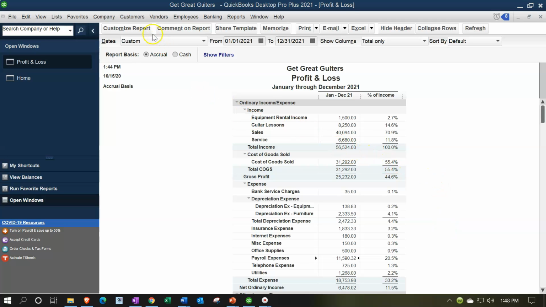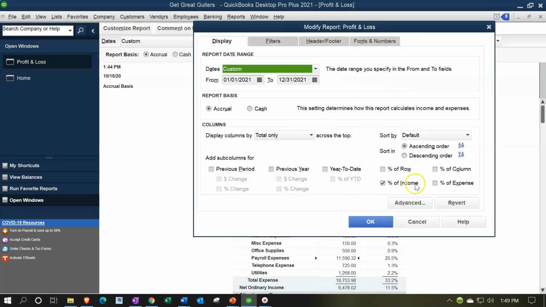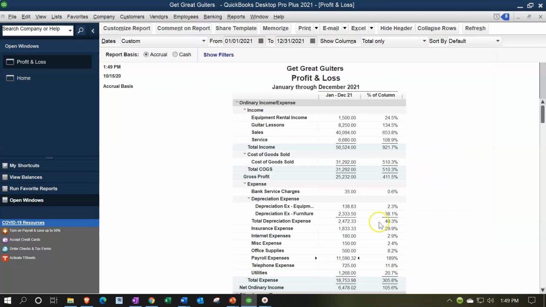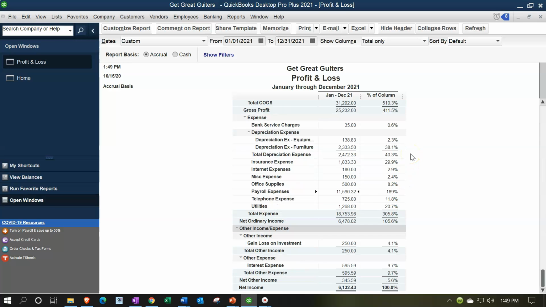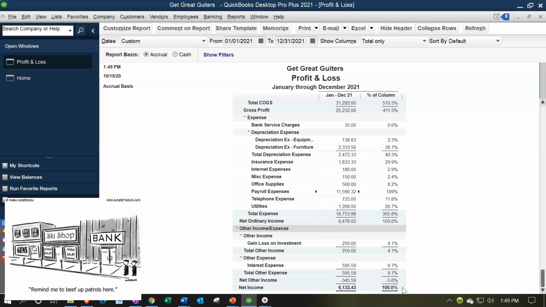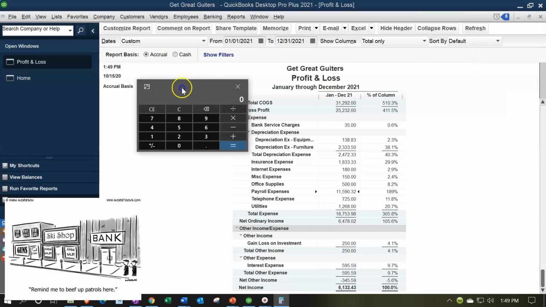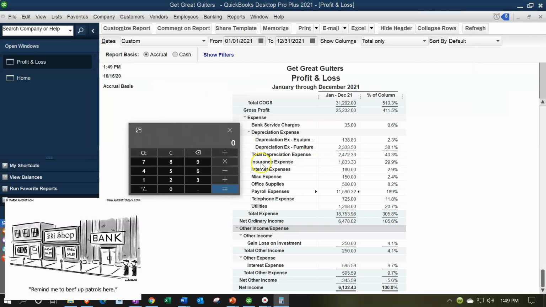So just note that you have some other options on the income statement. If we went to the customized reports up top, if we were to customize simply the columns here, if I customize percentage of the column and say okay, then your percentages are basically being compared to the net income. So this could be useful, but this is not the standard way that you would have the vertical analysis. But you can see what's going on here.